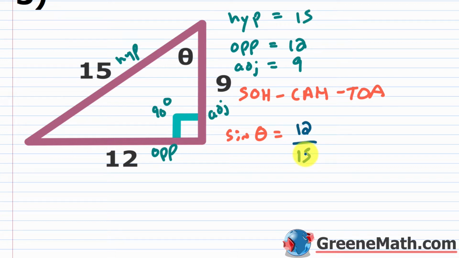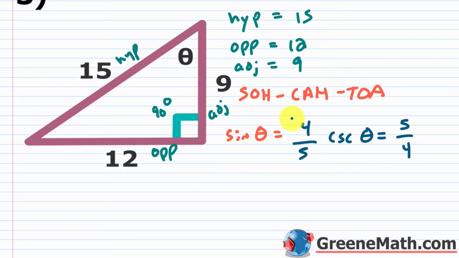So 12 divided by 3 is 4. And 15 divided by 3 is 5. So this is 4/5. And if you have the cosecant of theta, again, just flip this. It's the reciprocal, so it's 5/4. Again, the cosecant of theta is going to be your hypotenuse over your opposite, right? So just in a different order.